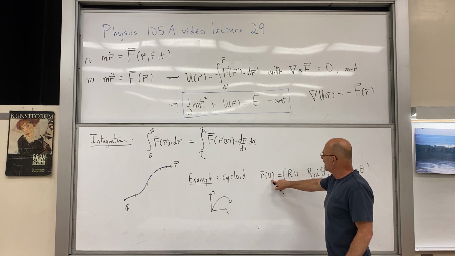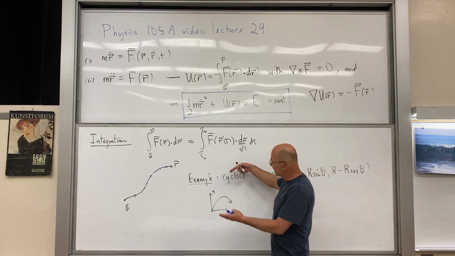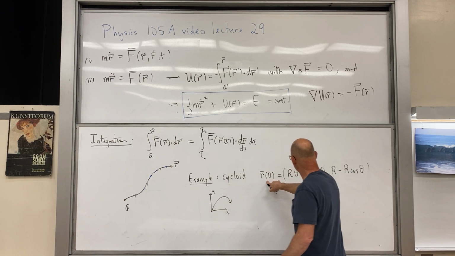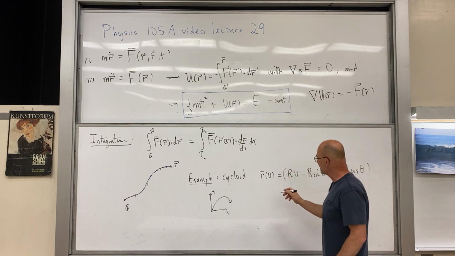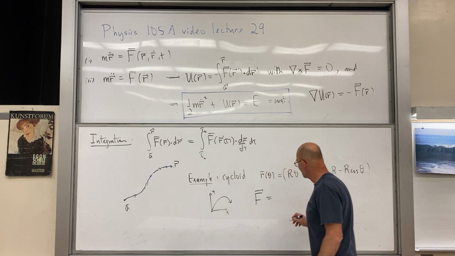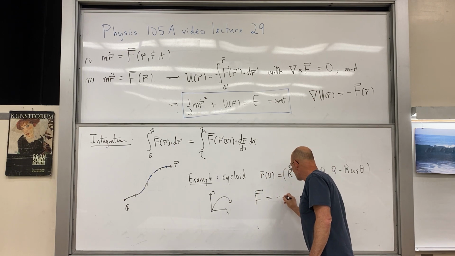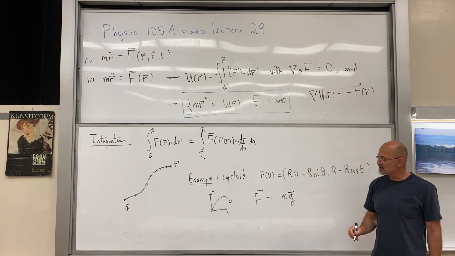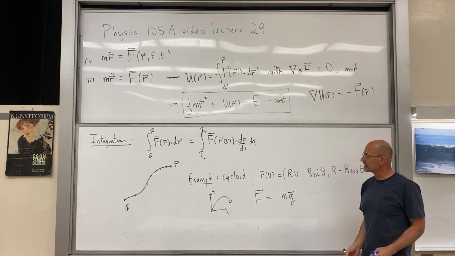So if we had a field in here, so that's R of theta, and we're just going to take our simplest field, F, in this case, is simply going to be minus M times G. M times G, that's a constant field.